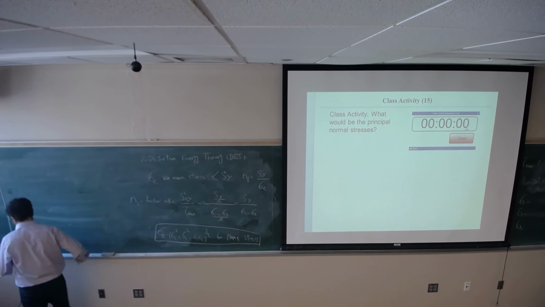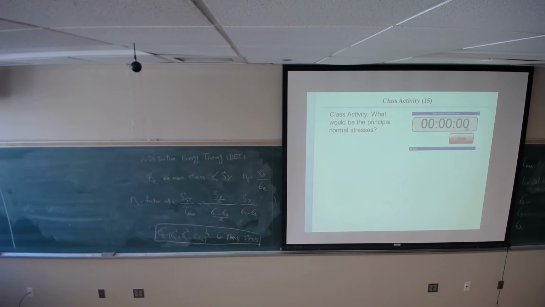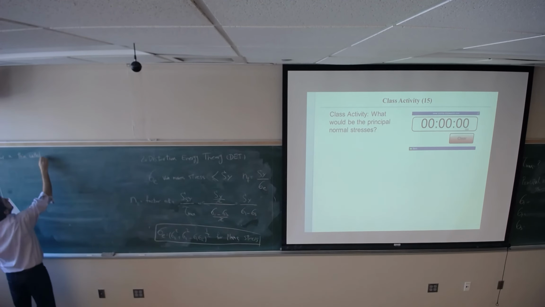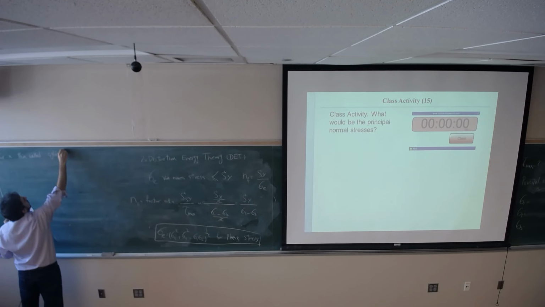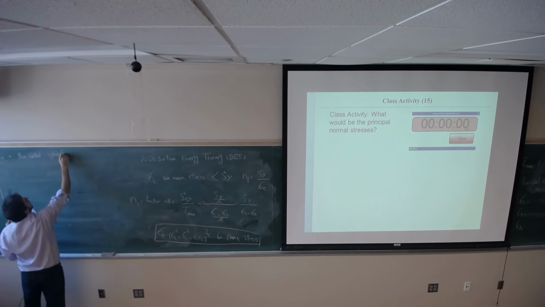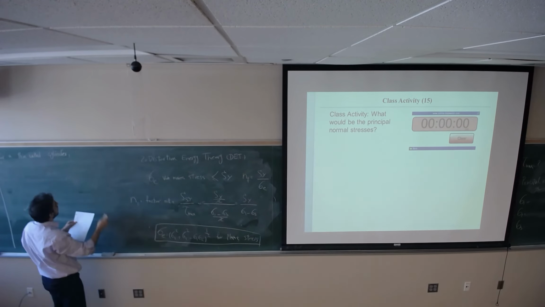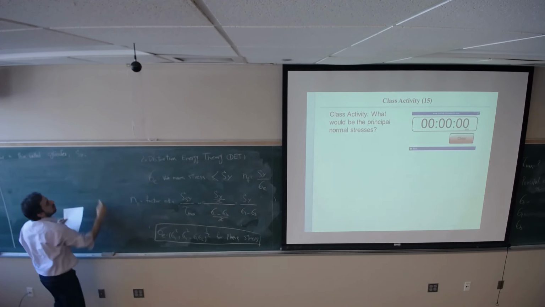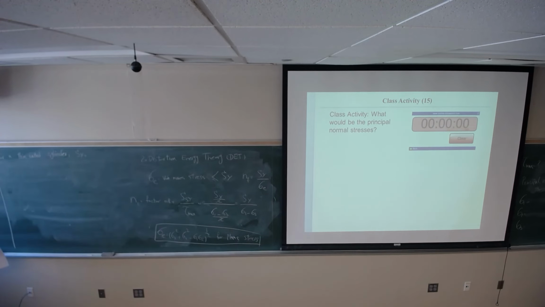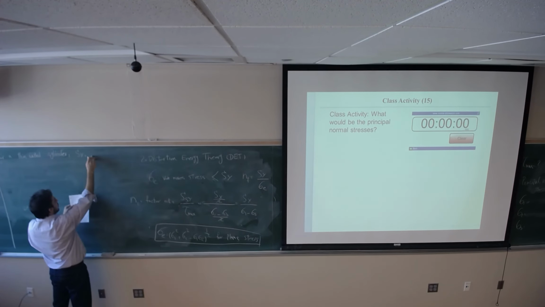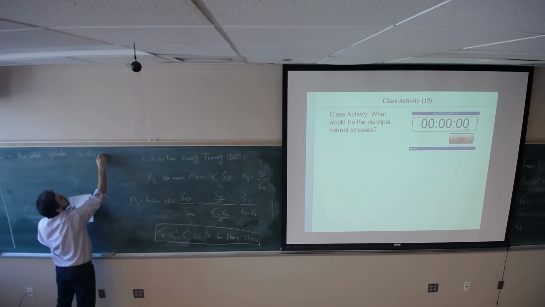All right. For a thin-walled cylinder, so we have a thin-walled cylinder. The cylinder is made of a material with SY, the yield strength, equal to 60 kpsi.